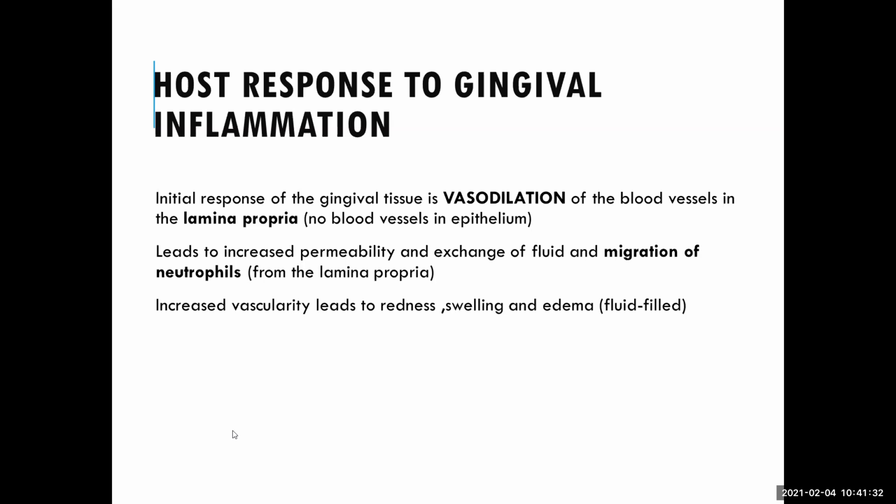So you've got swelling, vasodilation that leads to increased permeability and exchange of fluid, and the migration of neutrophils from the connective tissue. Okay, so that vasodilation is allowing neutrophils to go into the site of infection. That increased vascularity results in redness, swelling, and edema.